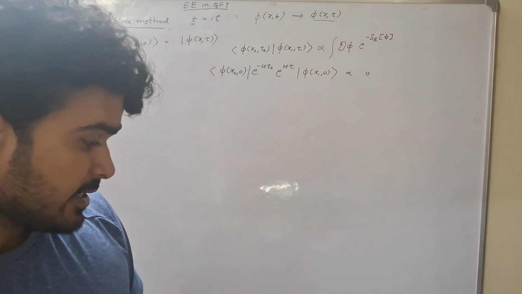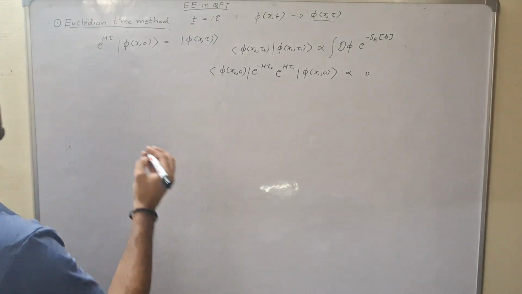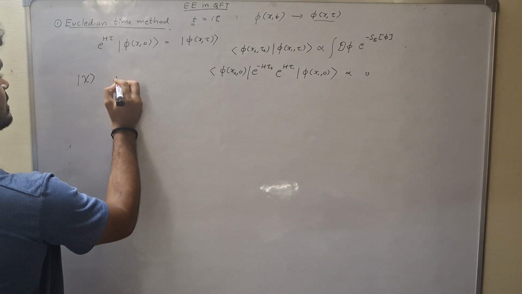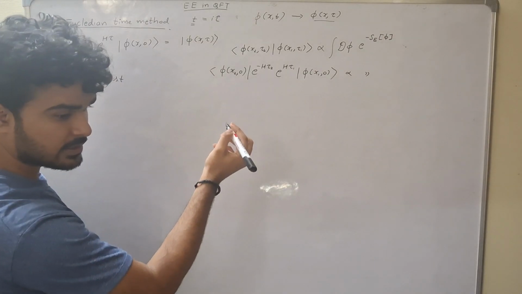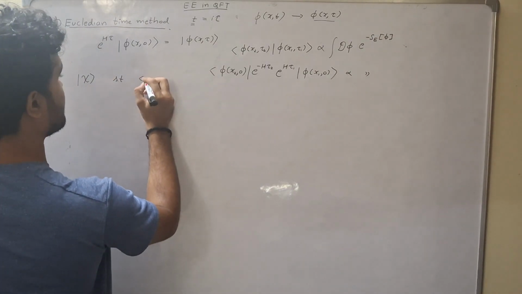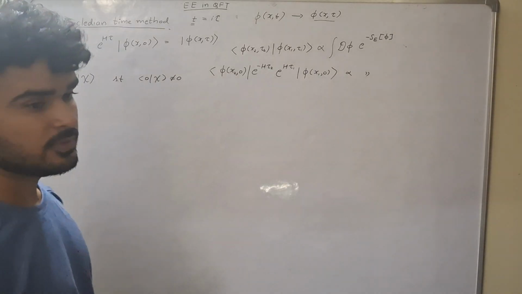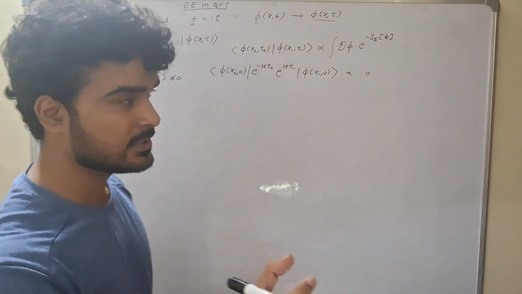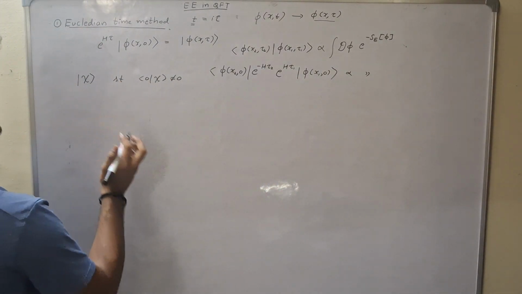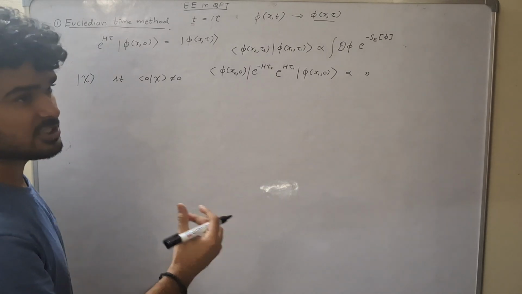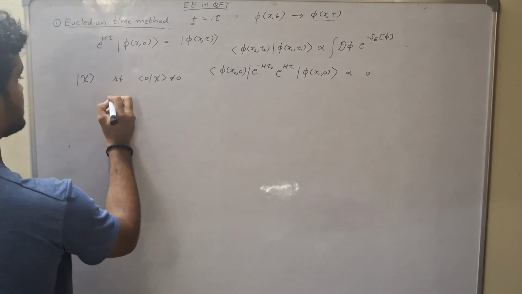Now consider a different state, say chi, such that its overlap with the ground state is non-zero. So what we need is to construct the ground state, and that is what we will do from here. There is some energy spectrum for the Hamiltonian of the theory.